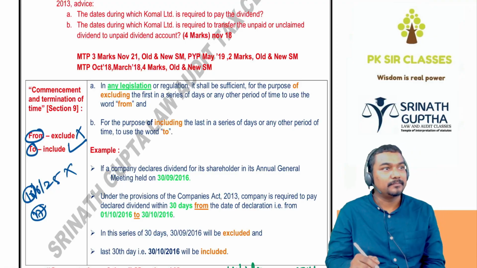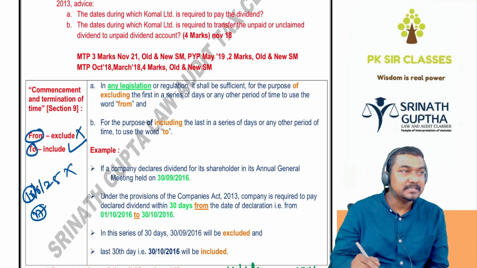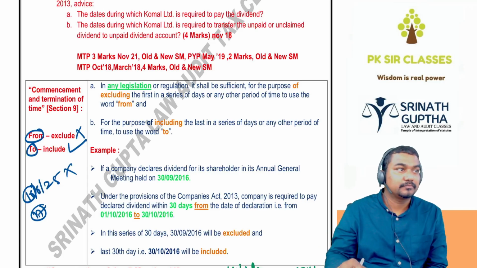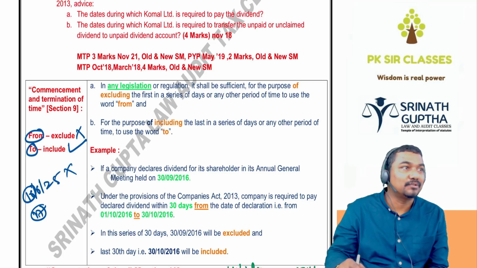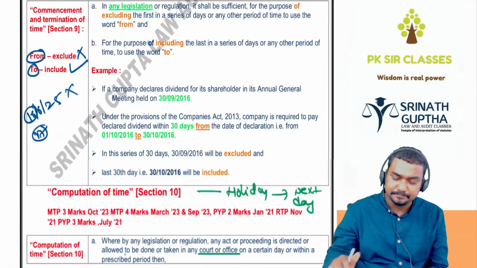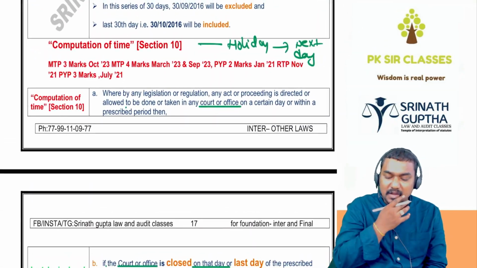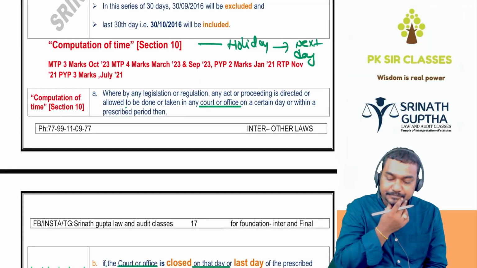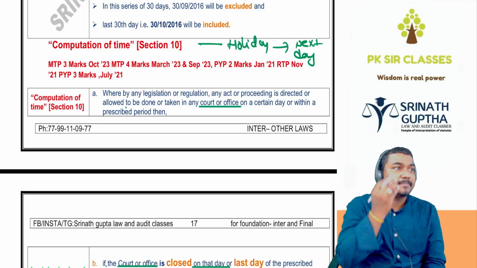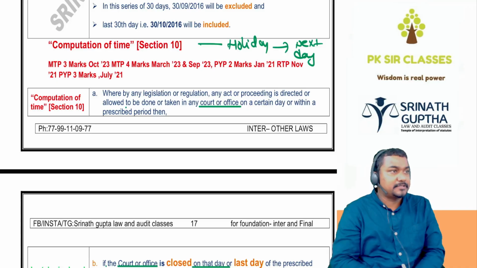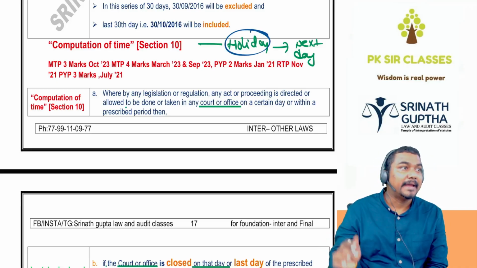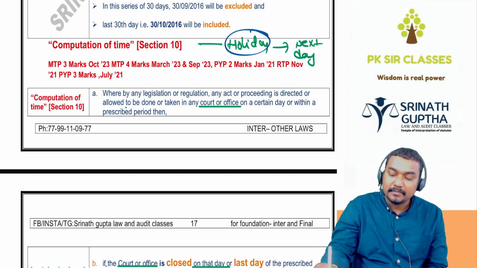You have the exam within 7 days, which means we have to count 7 days from tomorrow. Today you have to exclude. From date you exclude, to date you include. This concept was asked so many times in the exam. Next, section 10, computation of time. If the act says something is to be done on a specific day, and that last day is a holiday, it is sufficient compliance if you do it on the next day.